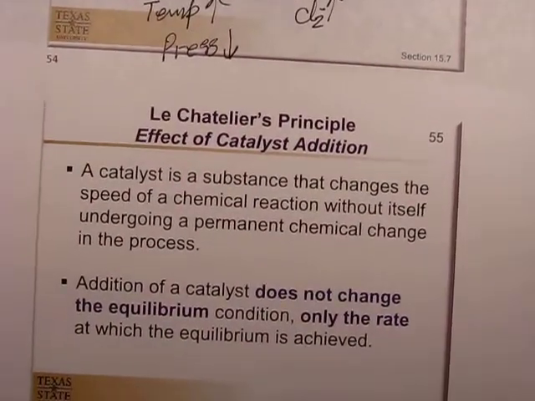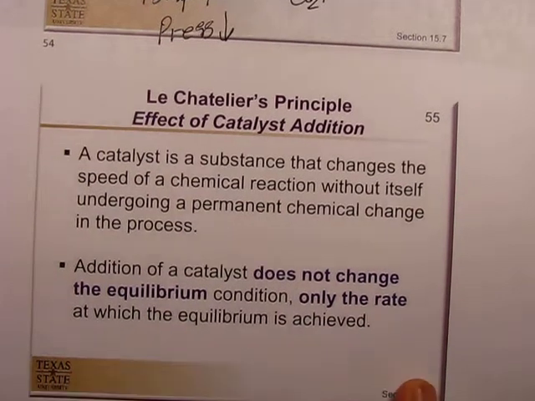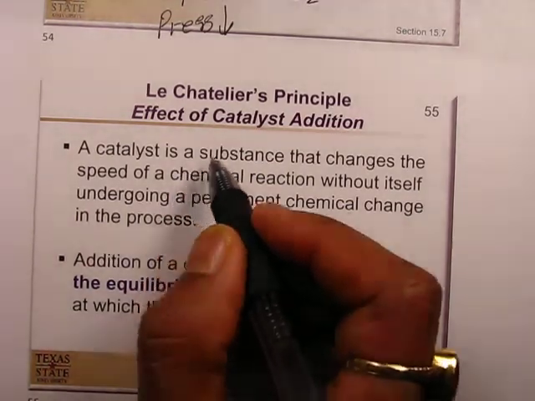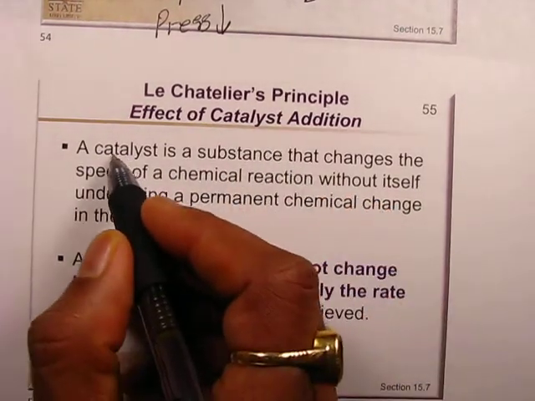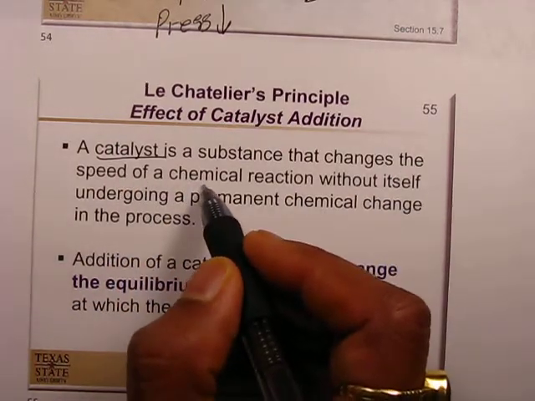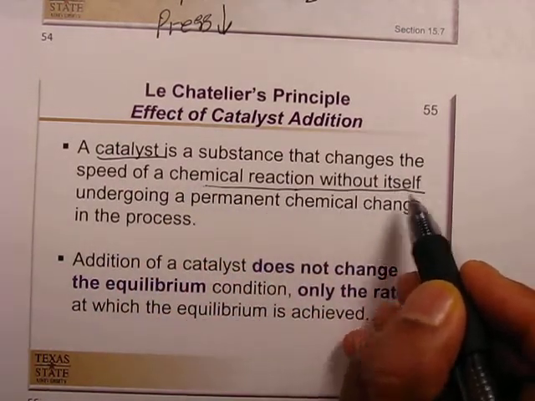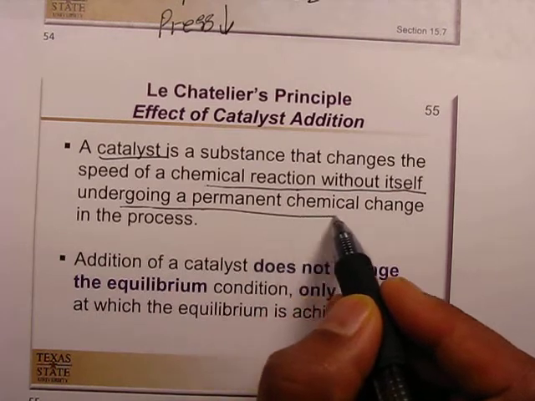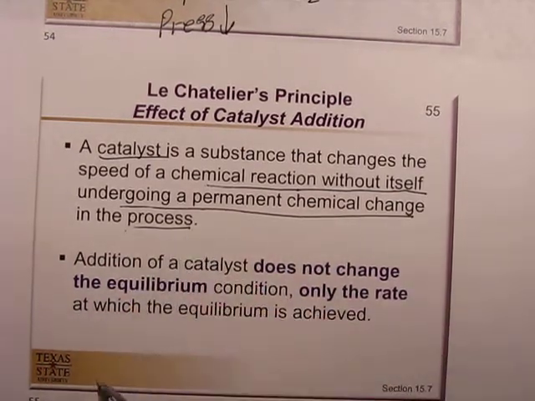And last effect on the Le Chatelier principle is about the addition of catalyst. So catalyst is a substance that changes the speed of the chemical reaction without itself undergoing permanent chemical change, right?